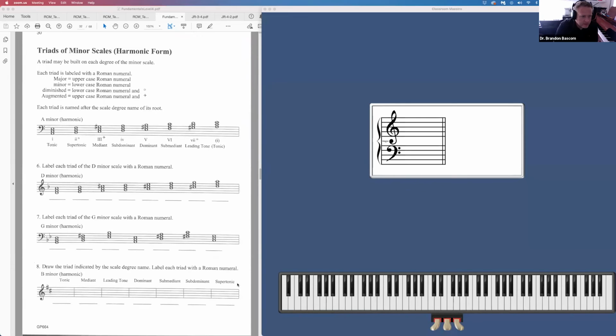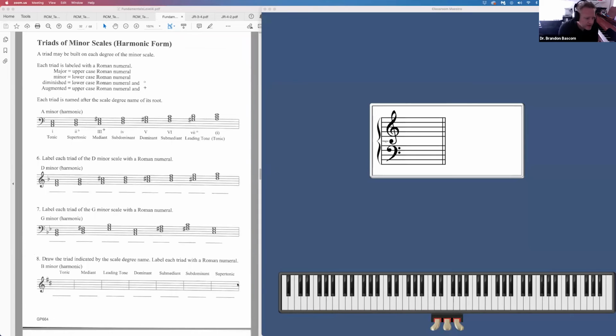Page 30, we're going over triads in harmonic minor scales.